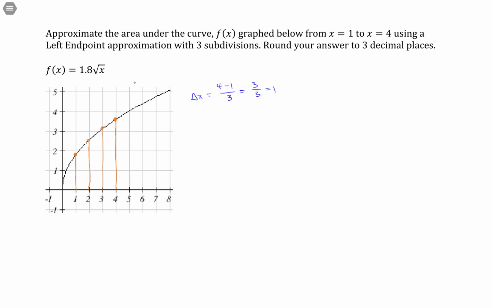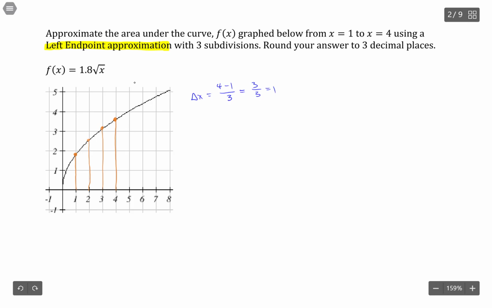But it does give me 4 different numbers. So when I go to get the areas of rectangles, I do need to be careful. I need to pick 3 of those 4 numbers. But which 3 matters as to if you're using left endpoint approximations or right endpoint approximations.